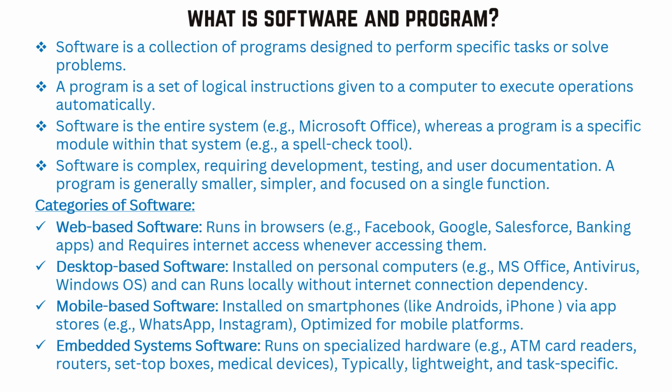So there are important categories of software available in the real-time world. The key categories I have mentioned in this document are web-based software, desktop-based software, mobile-based software, and embedded system software. For web-based software, most of us nowadays use our laptop, desktop, or tab, right?